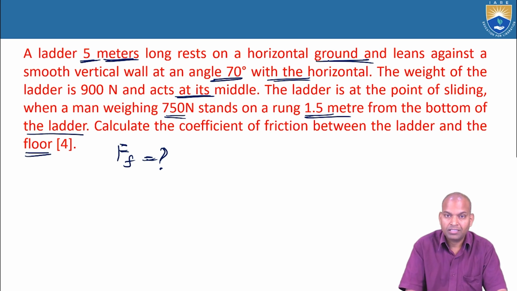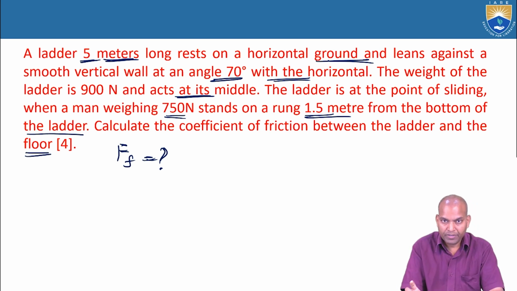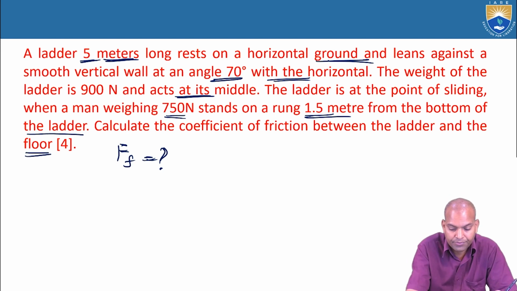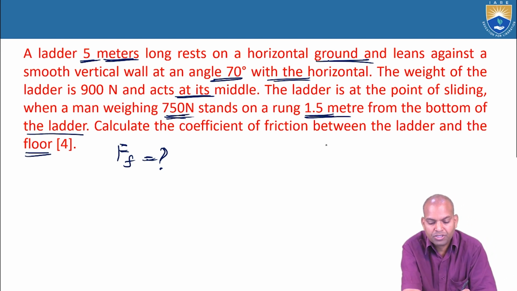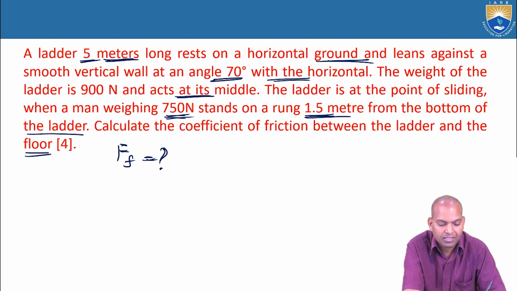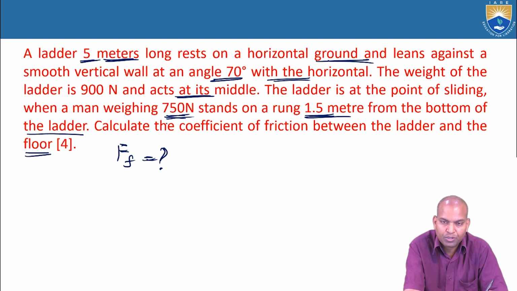Let me explain. They have given that a person is standing at a distance of 1.5 meters from the bottom of the ladder, and the man's weight is 75 kgs approximately, that is 750 newtons.